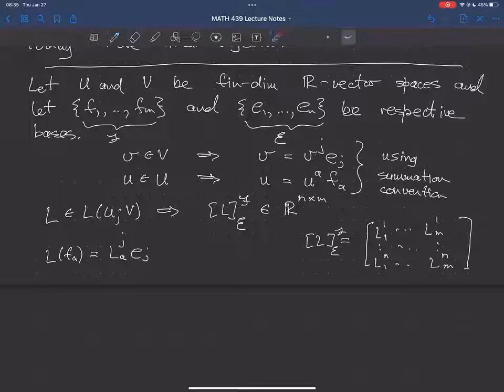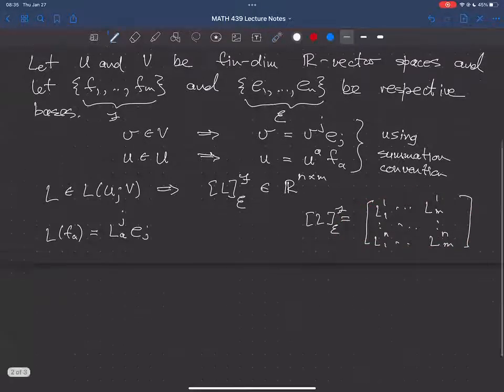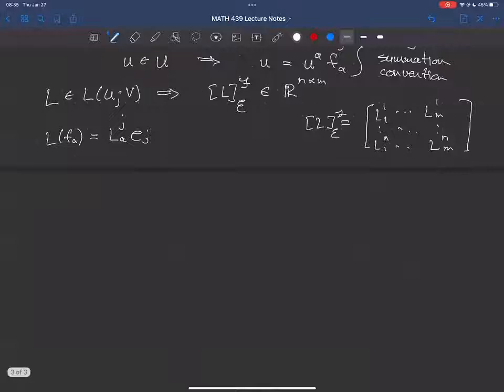Okay, so the idea was that F_A is a vector in U, so L of F_A is a vector in V, and so as a vector in V, it can be written as a linear combination of the basis vectors E, and the coefficients in the linear combination are exactly the entries in this matrix. Okay, so this is all stuff you saw in linear algebra, of course.